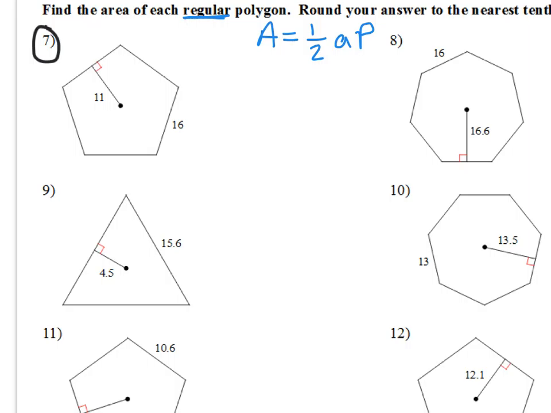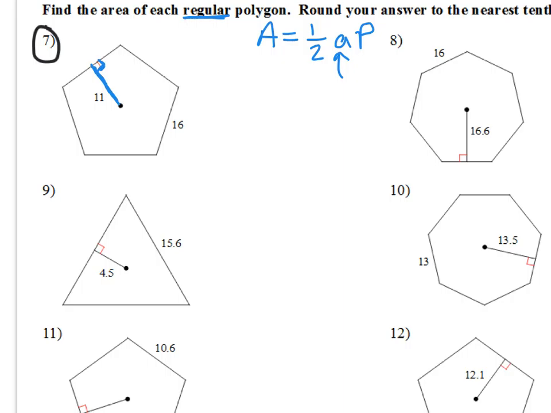Now, the apothem, for example, in number 7, is this line here. It's sort of like the height we talked about with the triangle, but it starts from the middle of the shape, and it goes directly to the center of a side, and it creates a 90-degree angle with that side. So apothem, which is the A right there, is going to be the distance from the center of our shape to the center of a side where a 90-degree angle is created.